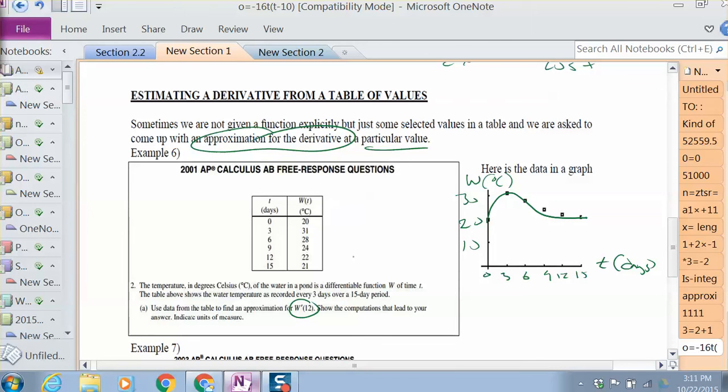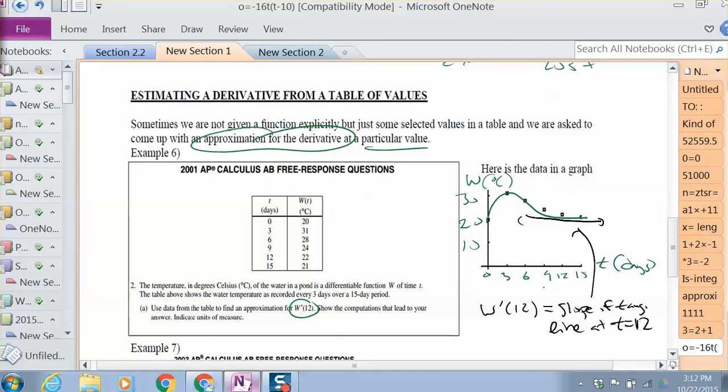And if you're trying to find W prime of 12, it's almost like you're trying to find the slope of the tangent line at t equals 12. That's what W prime of 12 is going to be.